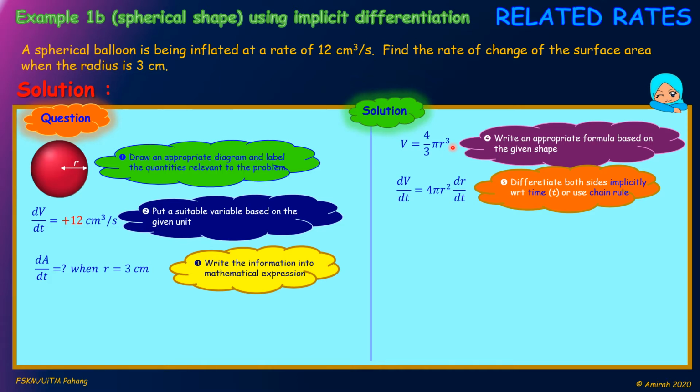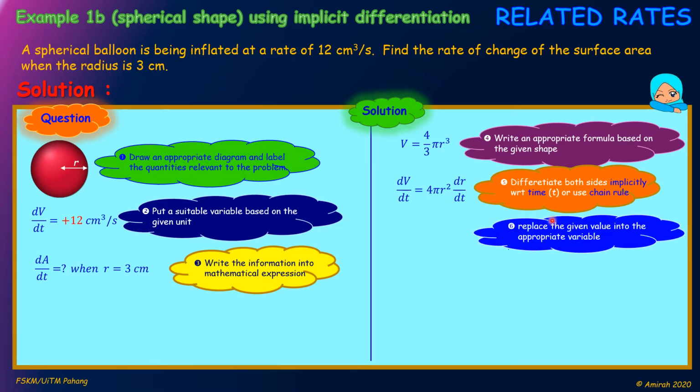When we differentiate r cubed, it becomes 3r squared. And the 3 from here we can simplify with the denominator 3. So after we differentiate, we have d volume over d time equals 4 pi r squared, and then we have dr over dt here, because we differentiate with respect to time.